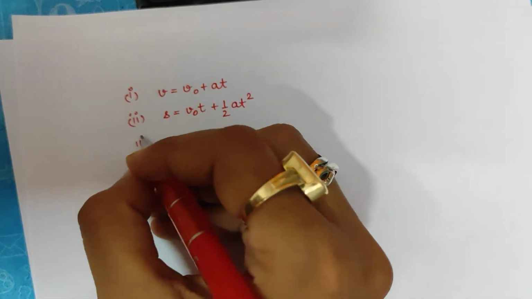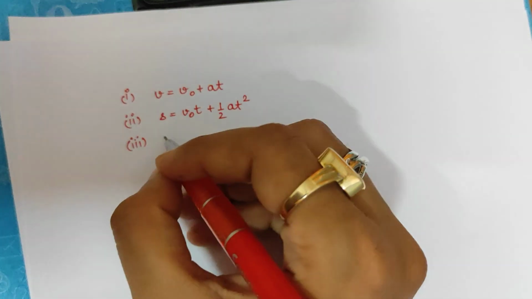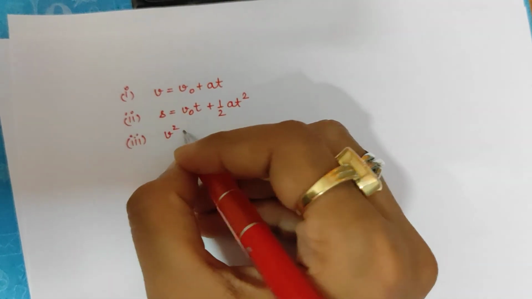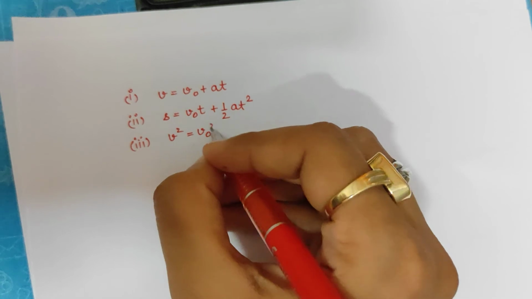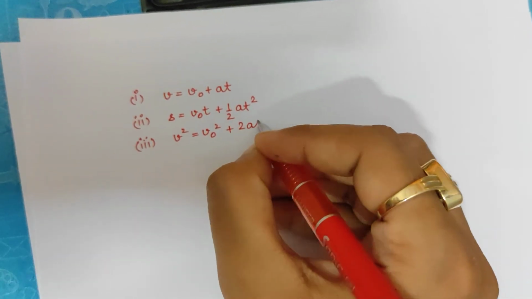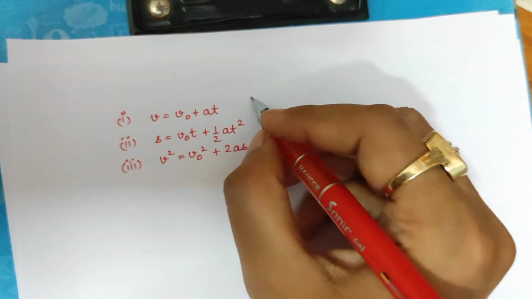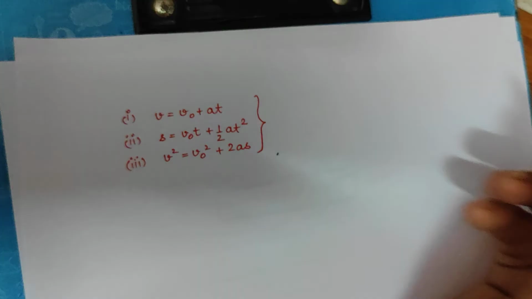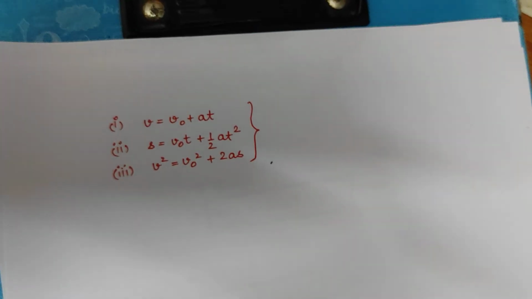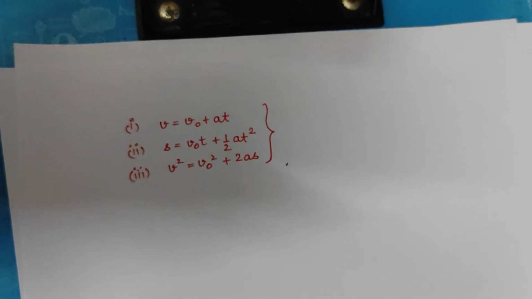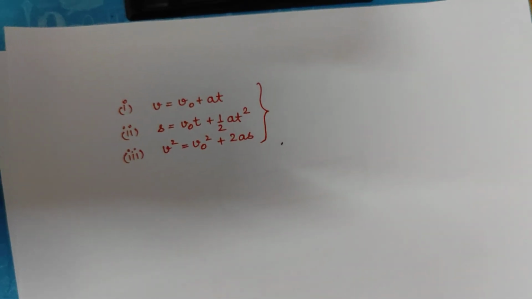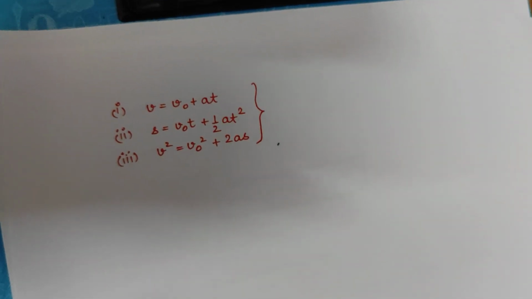And the third equation of motion which we got is v square is equal to v naught square plus 2as. These equations are very important in solving questions and even in deriving other things in motion.